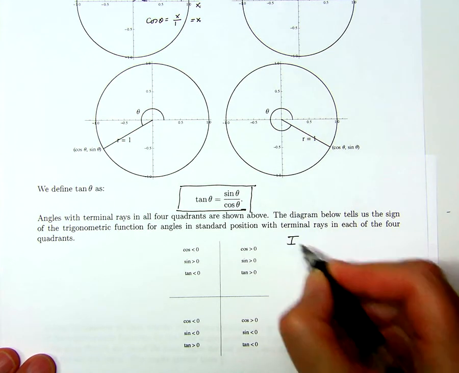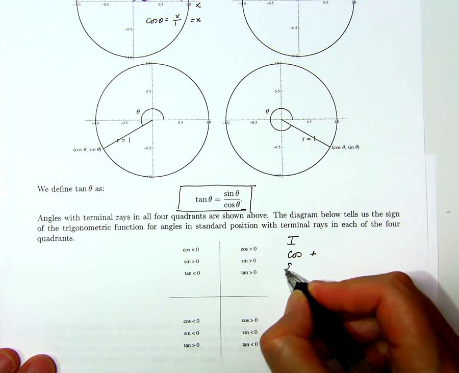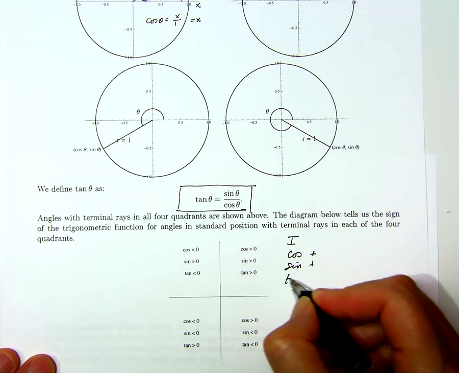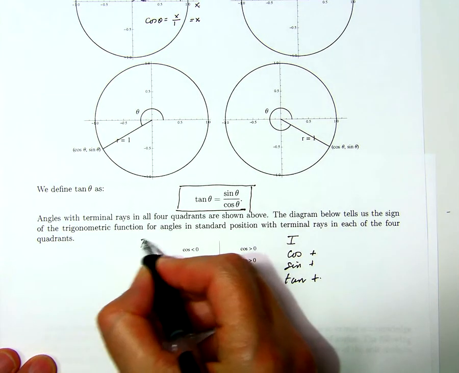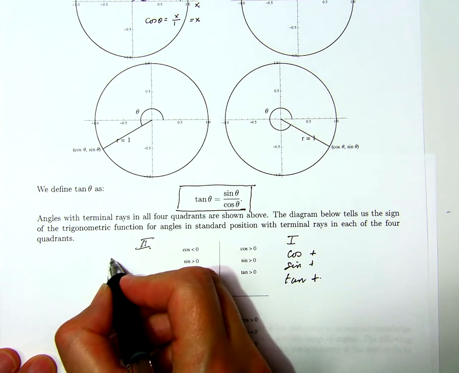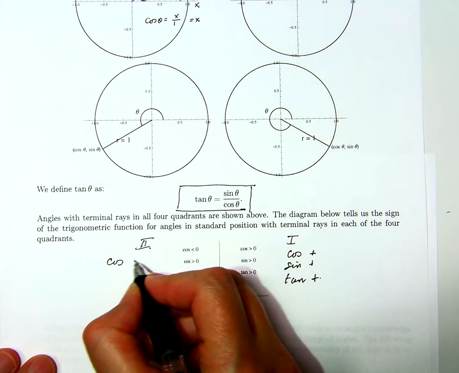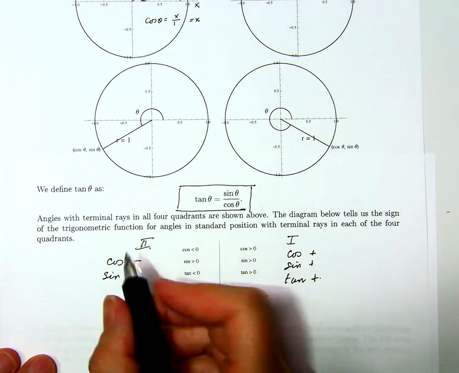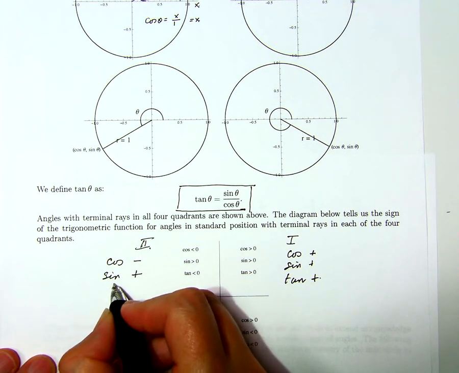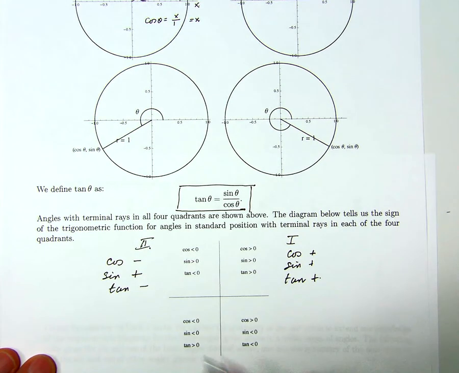In quadrant 1, cosine is positive, sine is positive, and tangent is positive. And in quadrant 2, the x value of any point is negative, so cosine is negative, the y value is positive, so sine is positive, and tangent is now a plus over a minus, so that's negative.